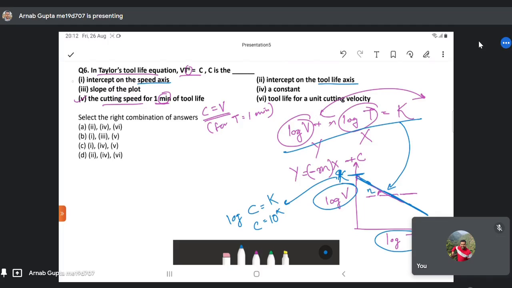On the speed axis, the intercept. So 1 and 5, which option is having 1 and 5? There are two options which have 1 and 5. So slope of the plot is not the correct option. 4, it is a constant. Yeah, it is always a material constant. So 1, 4 and 5 is the correct option here.